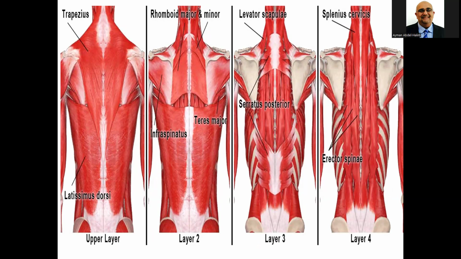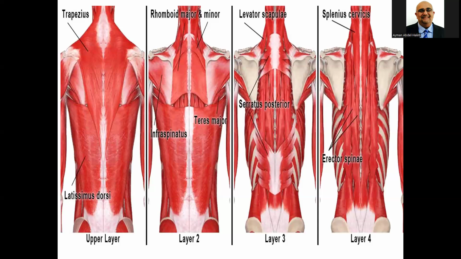As you can see, first layer, you have the trapezius, latissimus dorsi. Second layer is the rhomboideus major and minor above, and you have also the teres major muscle. Layer 3 is the levator scapulae and the serratus posterior.